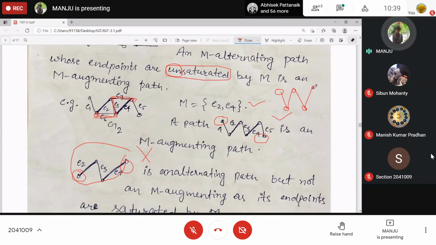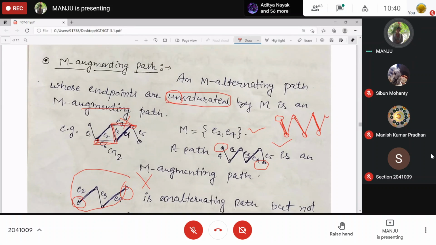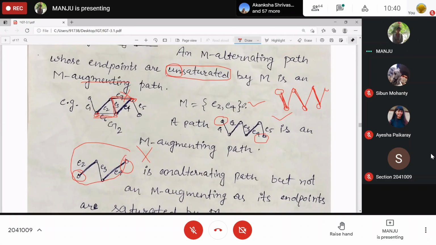Next outside, next inside, next outside, next inside, right? That is your M alternating, where alternate edges are coming from M. But this is not the case here. So this path is not M alternating, so it is not M augmenting. Clear?